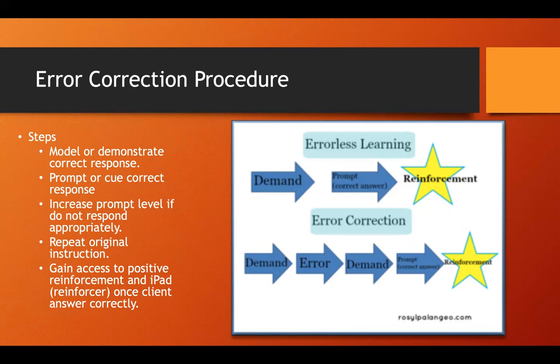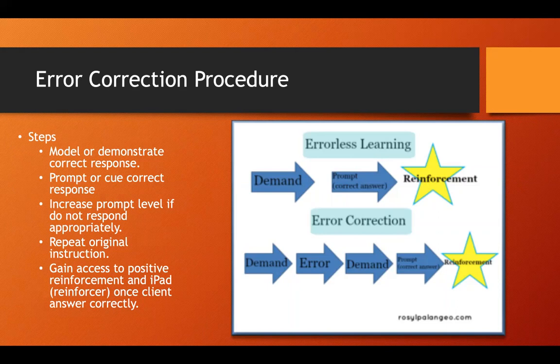Then, after they use that correct response, we would repeat the original instruction, and then give them access to the positive reinforcement, or the iPad for this client, only if they answer correctly. If we see that they continuously answer incorrectly, that's a good thing to discuss with your lead BCBA on the case, to determine if you need to do something else to make sure the skill is being mastered correctly by the client.